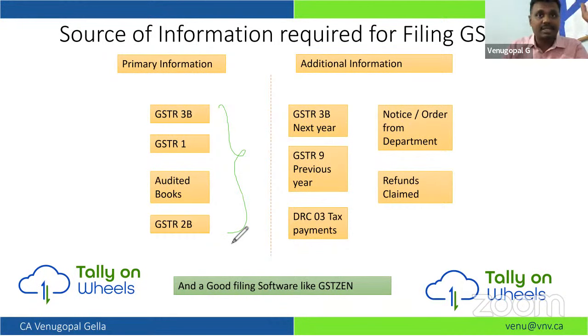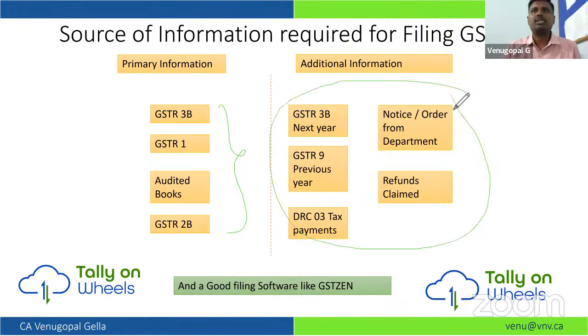That's not sufficient. Just with this, it is not sufficient. You also need to have your additional information. What is your additional information that you need to have? The GSTR 3B of the next year and GSTR 3B of the current year.